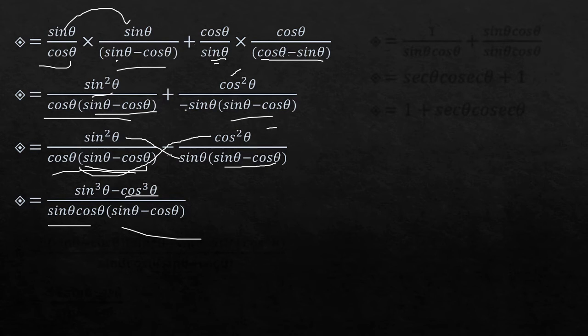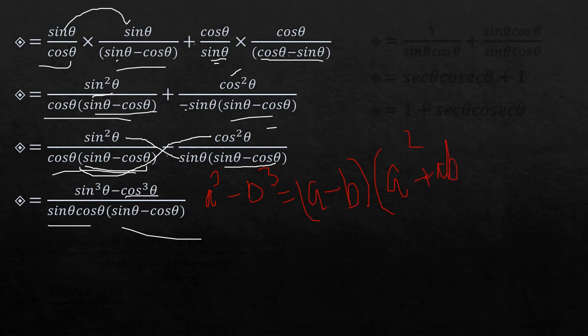this sin cube theta minus cos cube theta becomes like a cube minus b cube, and a cube minus b cube is equal to a minus b, a square plus ab plus b square.